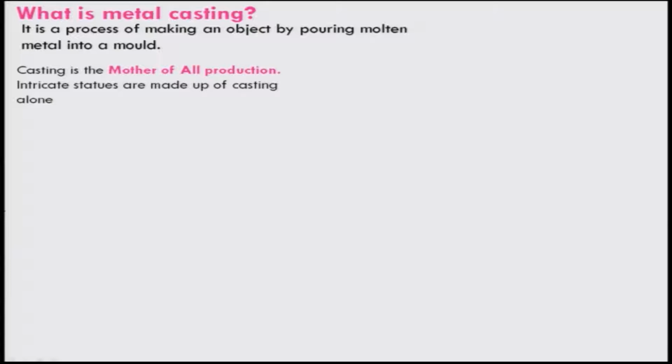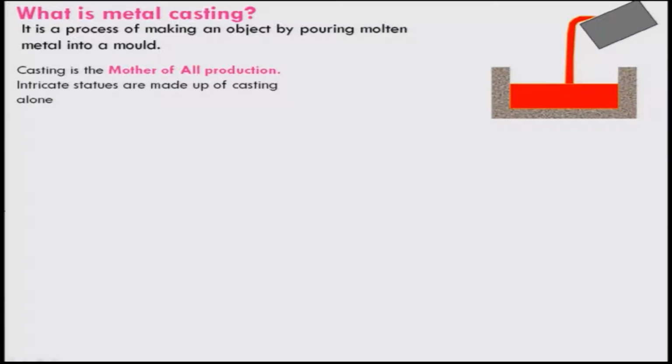If you look at the process involved in metal casting, it is very simple. What one has to do is basically melt the metal, and then prepare a mold like what I have shown here.